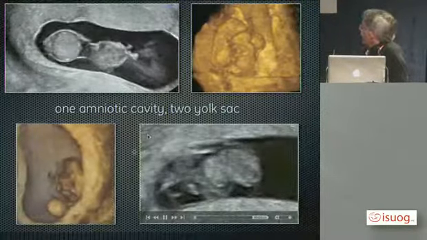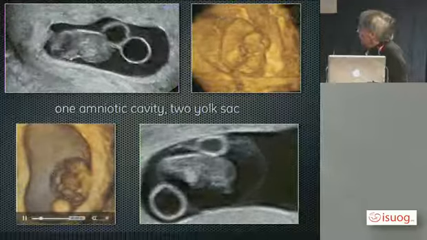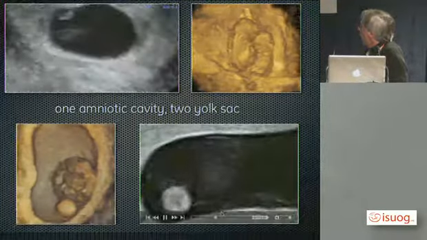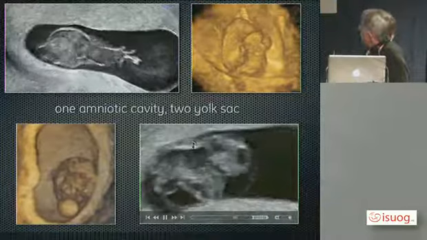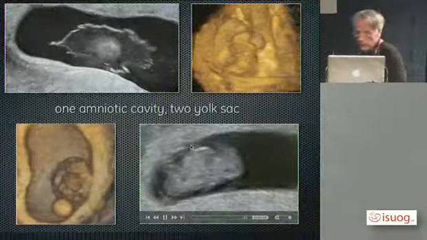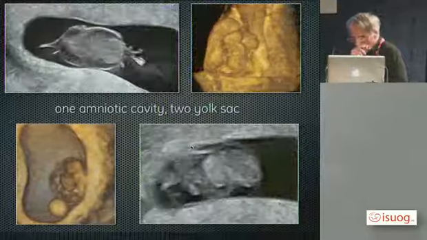Another case with 2 embryos in the same amniotic cavity, but when you move, you have 1 yolk sac here, and the other yolk sac was here, and with the death of the 2.